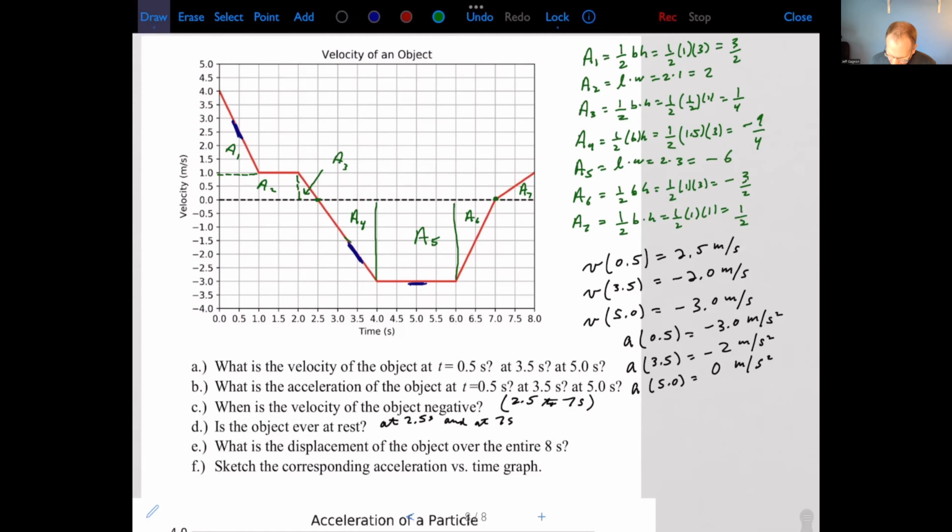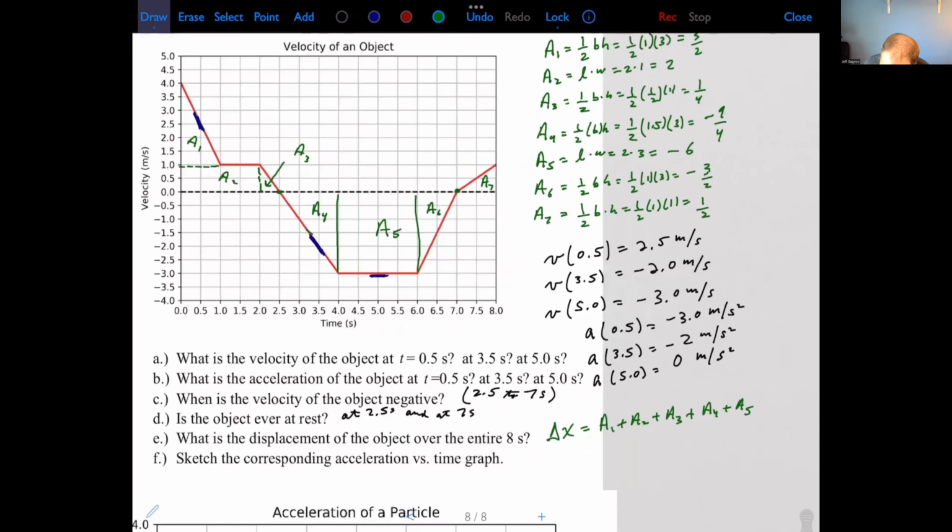Okay, so now if I add all of those areas up, that's got to be my displacement, right? So my delta x is going to be A1 plus A2 plus A3 plus A4 plus A5 plus A6 plus A7.